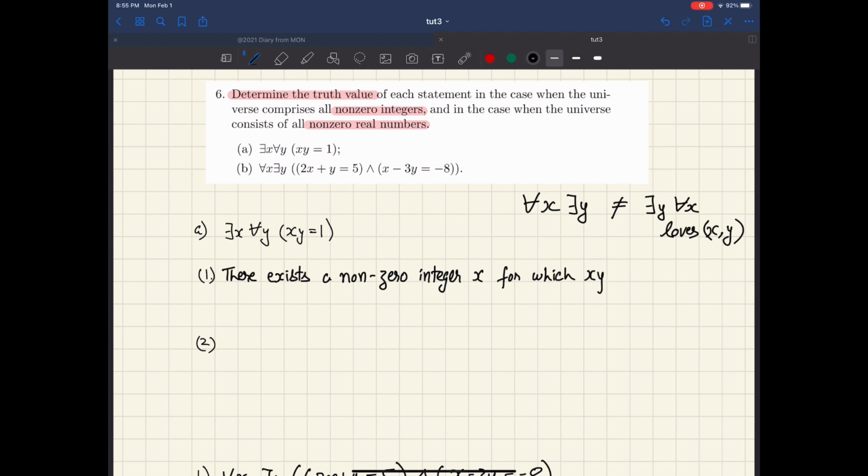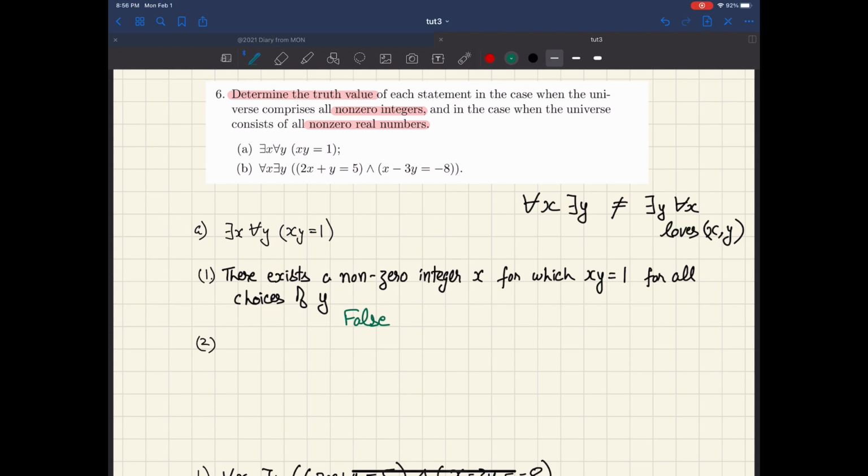Now, xy equals 1 is a hyperbola and it has infinite solutions, but for every x, there is only one y which satisfies this. So there does not exist some x for which no matter what value of y you choose, it's 1. So this one is false.